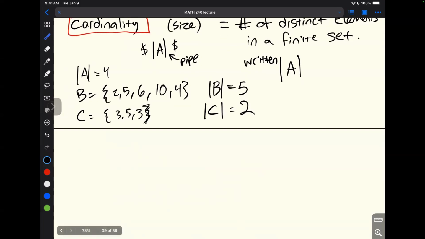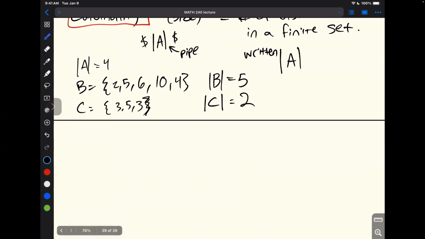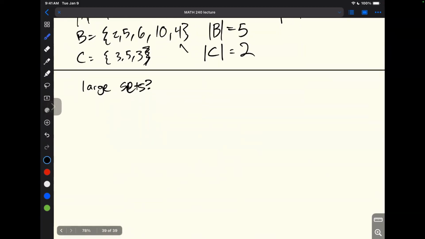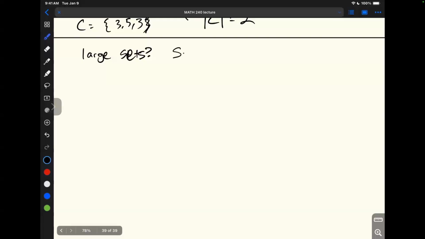All right, so when we're working with super large sets, ordinarily, if we've got small enough sets, we can just write it out: here's my set B, here's all the numbers in B. That's fine. We can separate it out with commas, and that's all fine and dandy. But if we're working with a large set, then we want to use what we call set builder notation.